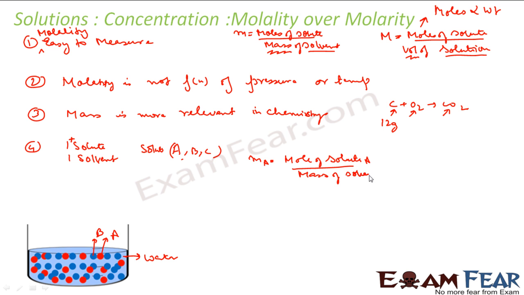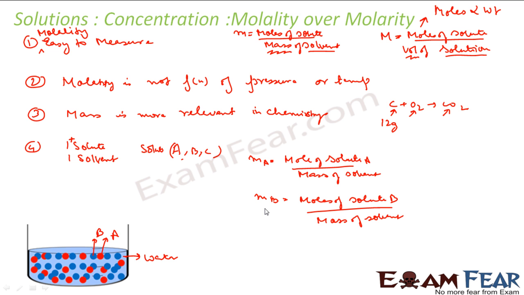Solvent here is water. The molality of B is nothing but moles of solute B by mass of solvent. So if you see here, they are both independent. But talk about molarity, the volume of solution comes in, right? So in the volume of solution, A and B both contribute.